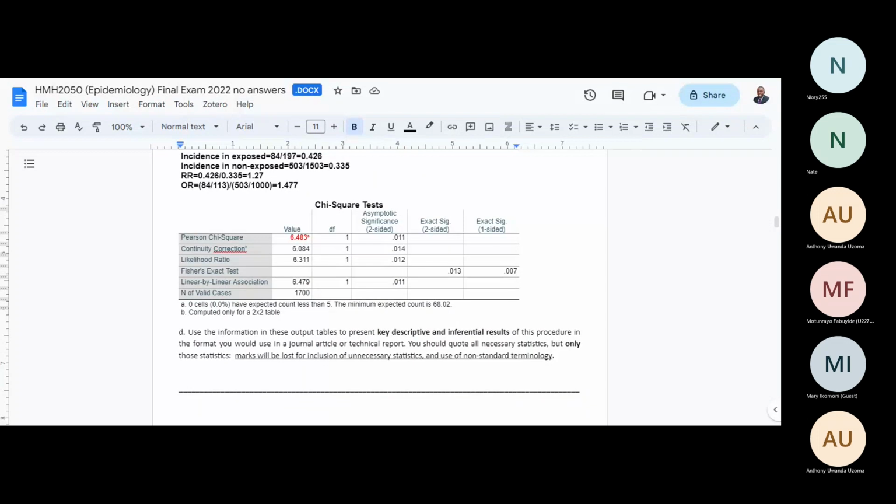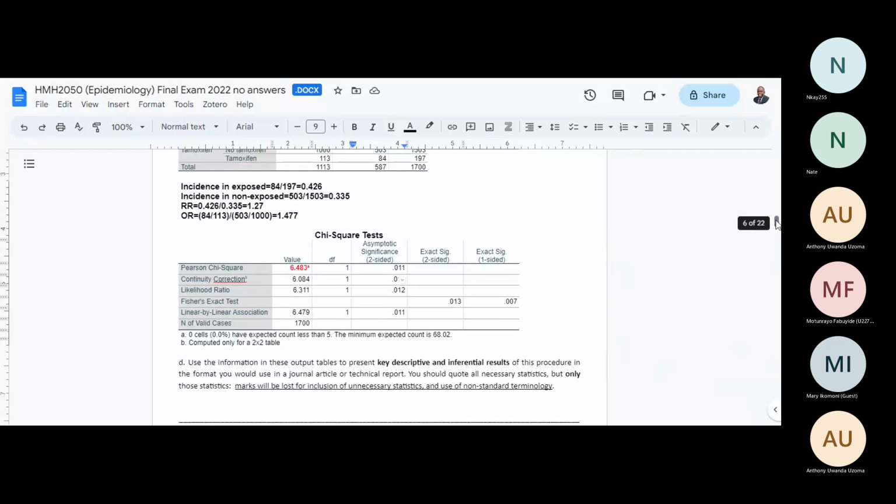Generally, these variables are not important in this question. I don't know how they derived 6.483. I was assuming it should be either the odds ratio or relative risk.